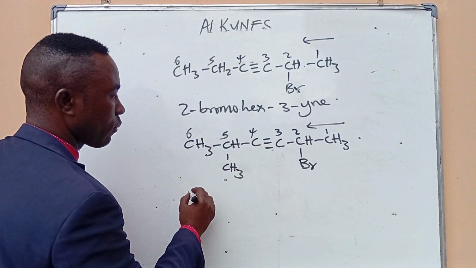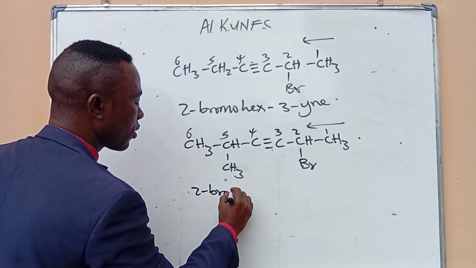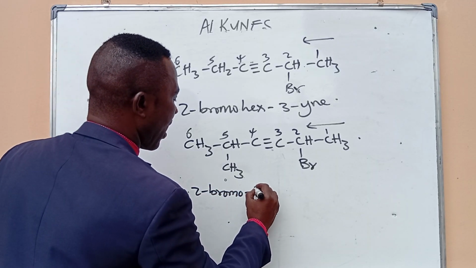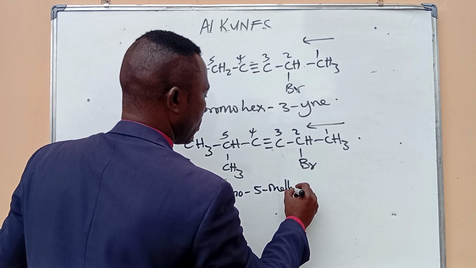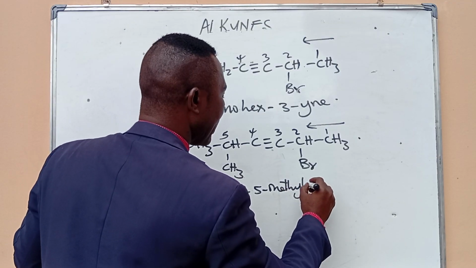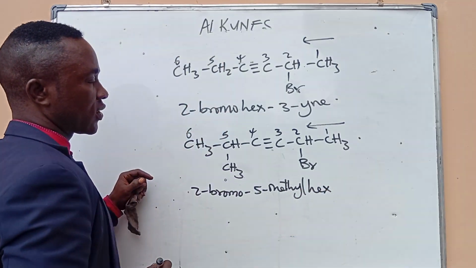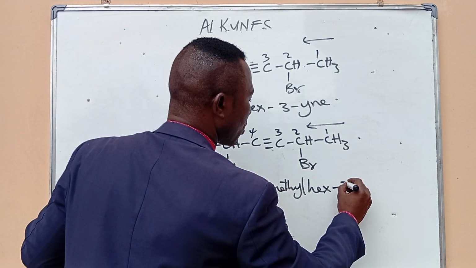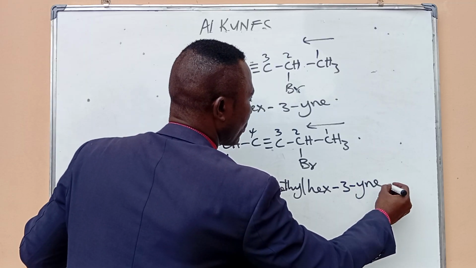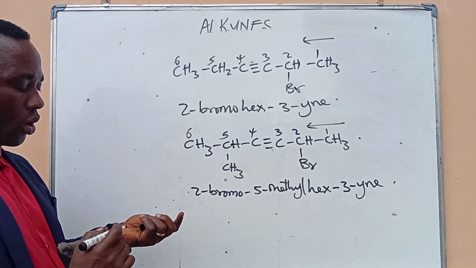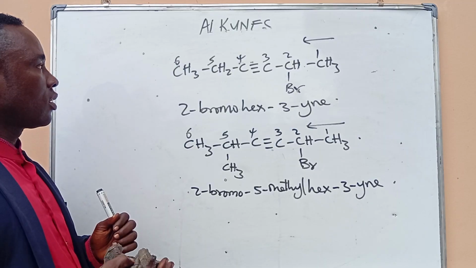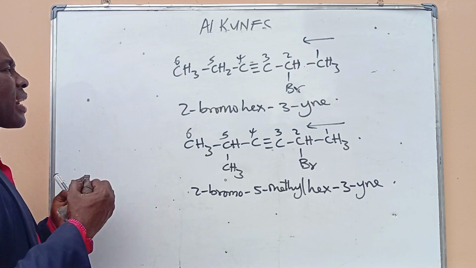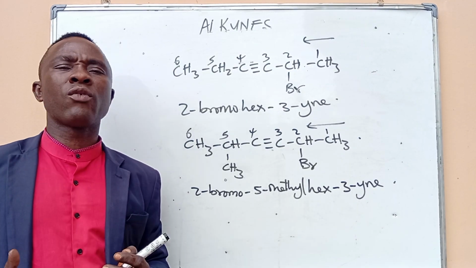So this is 2-bromo, we have 5-methyl, then hex, because it's 6 carbon atoms. The position of the triple bond is 3, then our name ends in yne. So that will become the name of that compound.